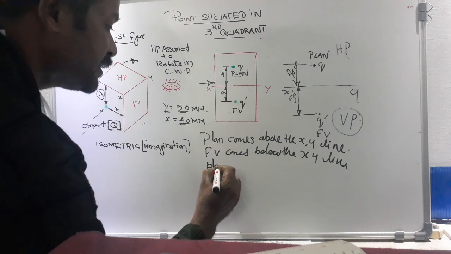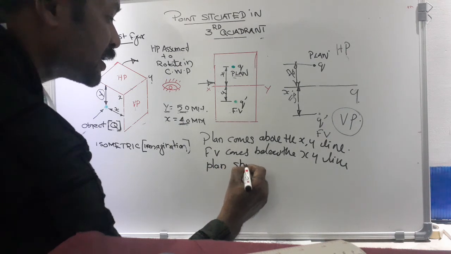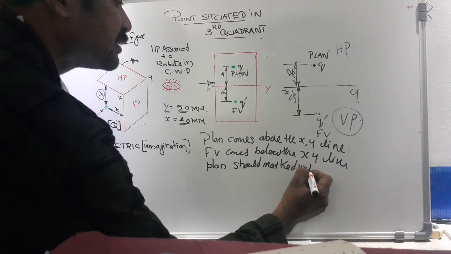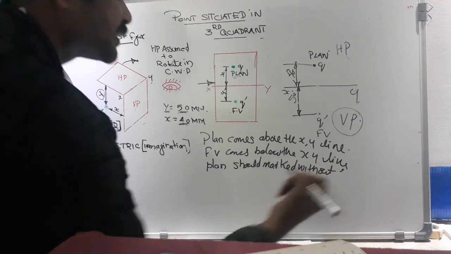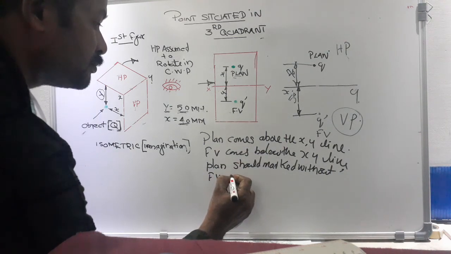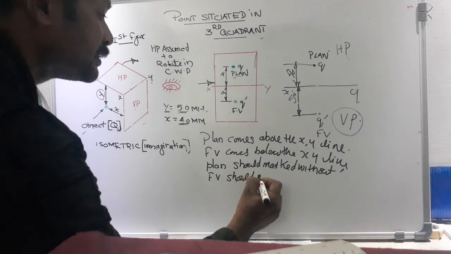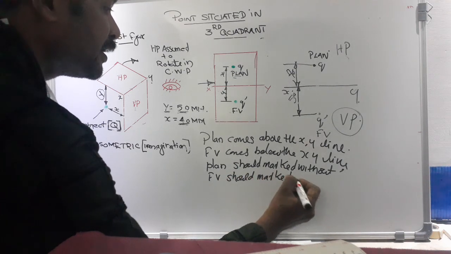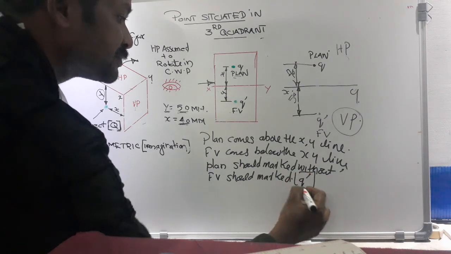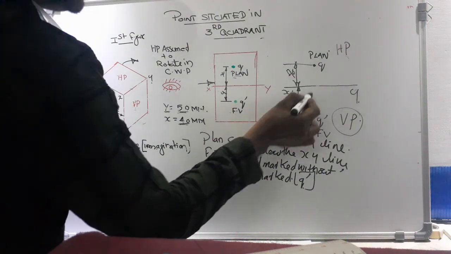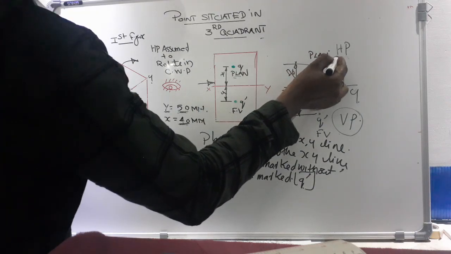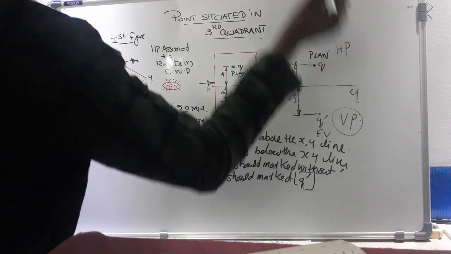The plan should be marked with the alphabet without a dash, and the front view should be marked with the alphabet with a dash. The front view is projected on its corresponding plane VP. Similarly, the plan should be projected on its corresponding plane HP.